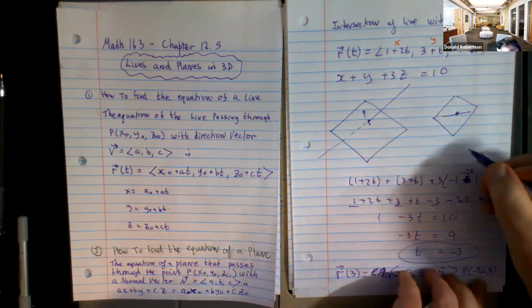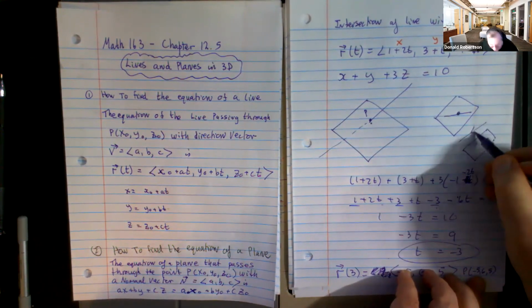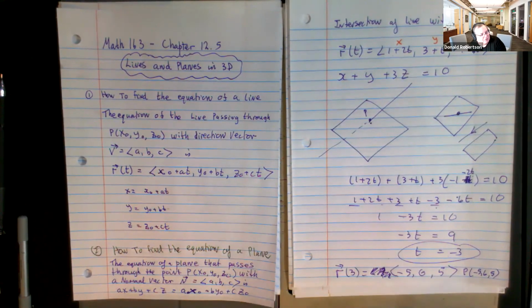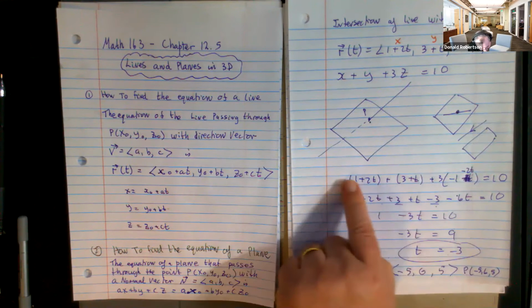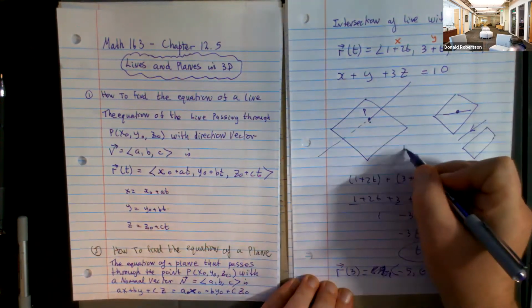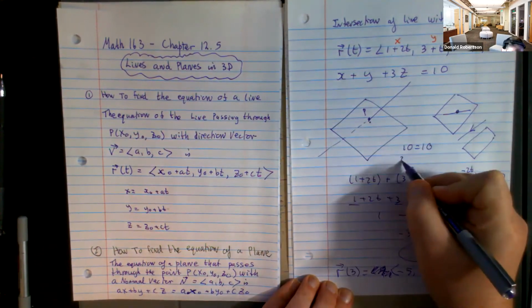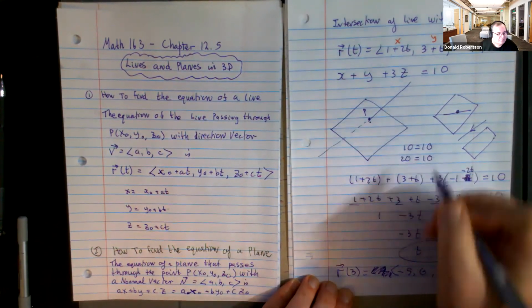The other possibility is, couldn't my line be flying above, i.e. parallel to the plane? Now, if the t's disappear on you, two things can happen. When they disappear, you get 10 equals 10, or you get some other number equals 10.